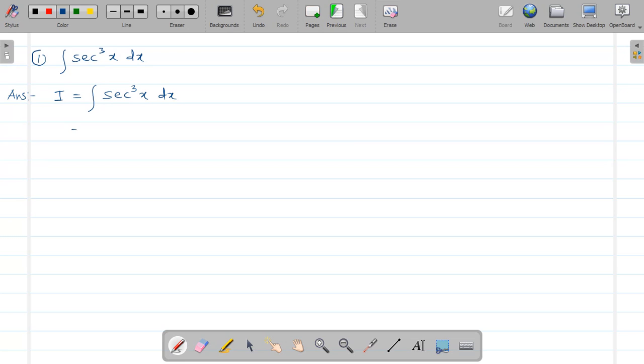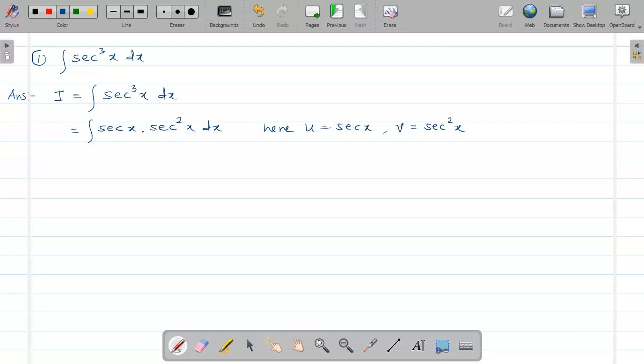Now here we will express this sec cube x as sec x into sec square x, and to use the integration by parts rule, we will consider u is equal to sec x and v is equal to sec square x.